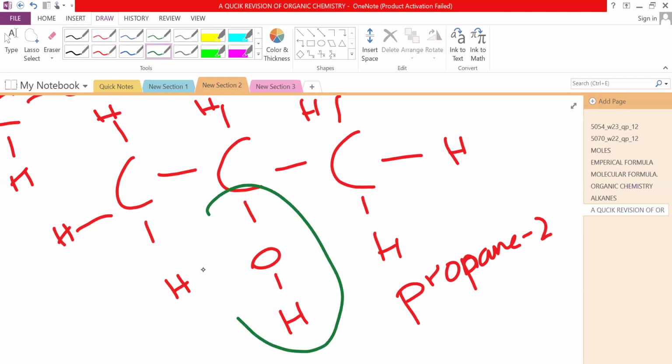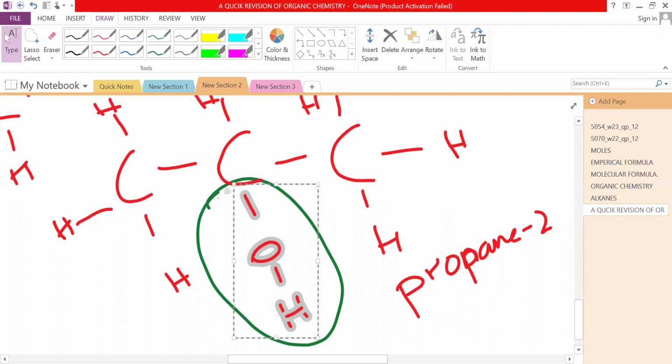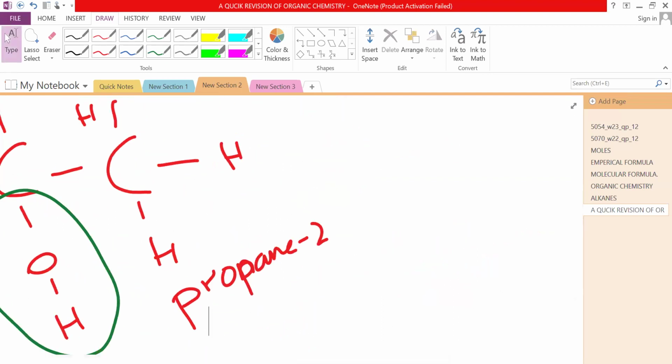This OH branch, which represents that it is an alcohol, is on the second carbon, so it would be propan-2-ol. If the structure has 4 carbons and the branch is on the second carbon, it would be butan-2-ol.